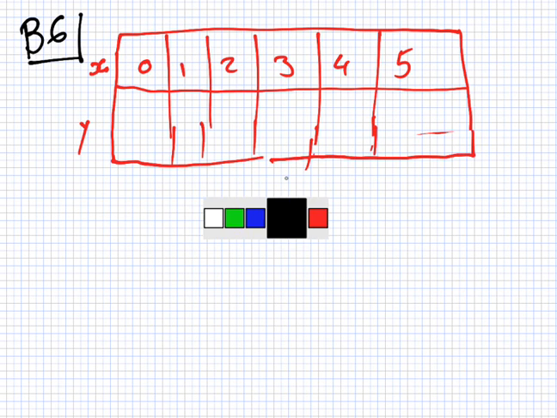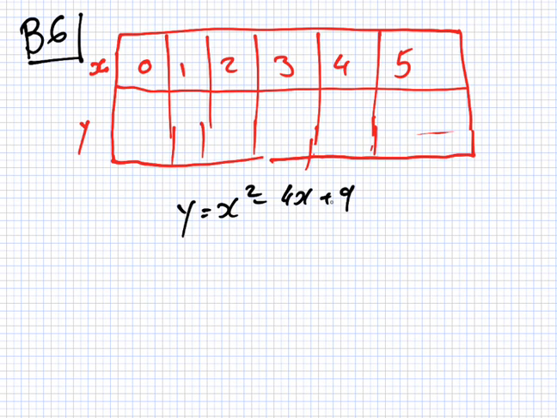Okay, so the first one, if I look at the equation y equals x squared minus 4x plus 9, here you get 9. If you put in 1, you'll get 6.